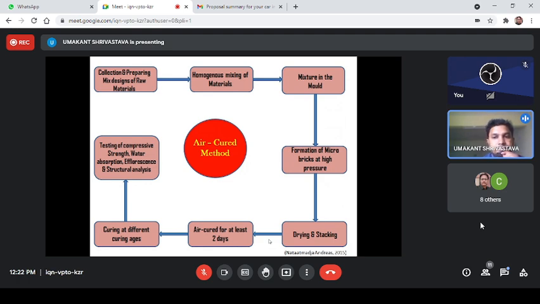Then the prepared samples are dried and stacked for at least 2 days for air curing. The curing of these samples is done at different ages of 7 days, 14 days, 28 days, and 45 days. Finally, testing of compressive strength, water absorption, and efflorescence of these materials is done, along with structural analysis.